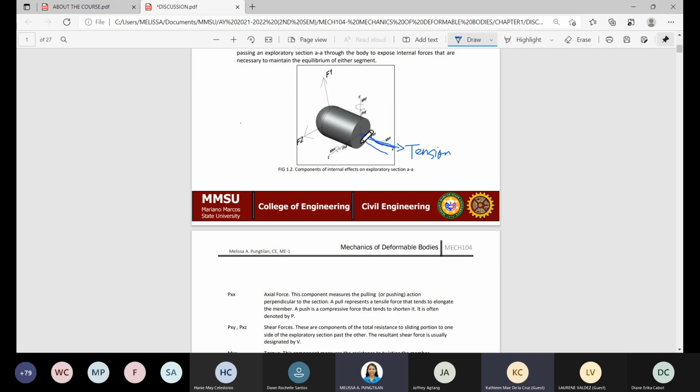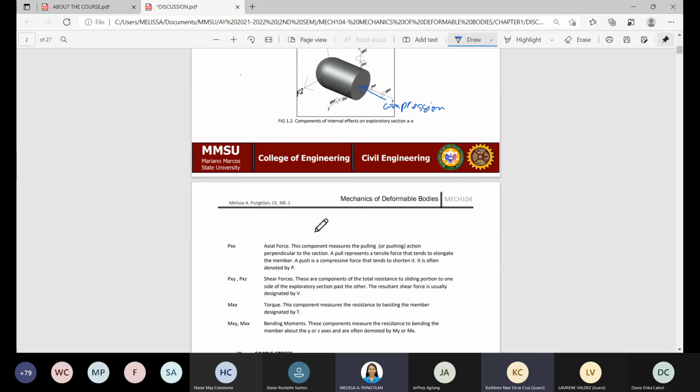Pero kung yung force is acting towards sa ating cross-sectional area, yan yung tinatawag nating compression, which tends to compress or pinapaliit niya yung ating subject or yung ating object. Compression. So again, if the pulling force, that's tension. And then yung pushing force is the compression.